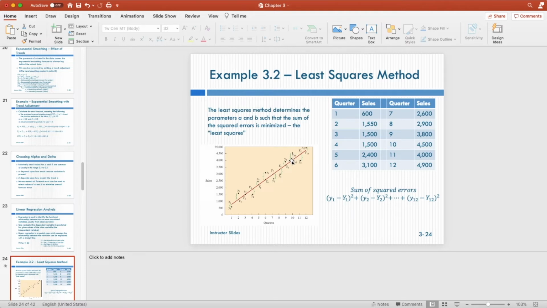The underlying method that we use is called the least squares method. The least squares method itself is just the name of the method that we use. But the most important thing is to figure out how we implement it after we have the data. In this example, we have the sales data for the past 12 quarters.